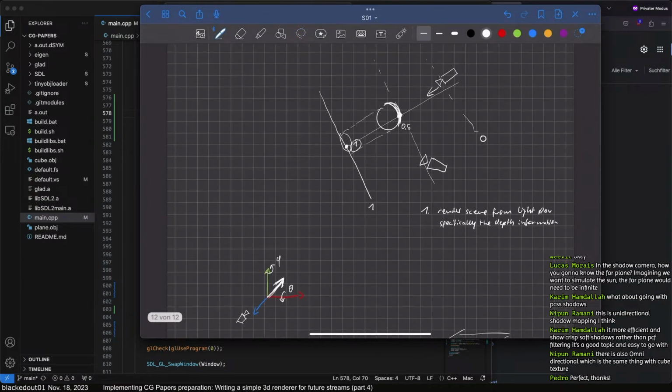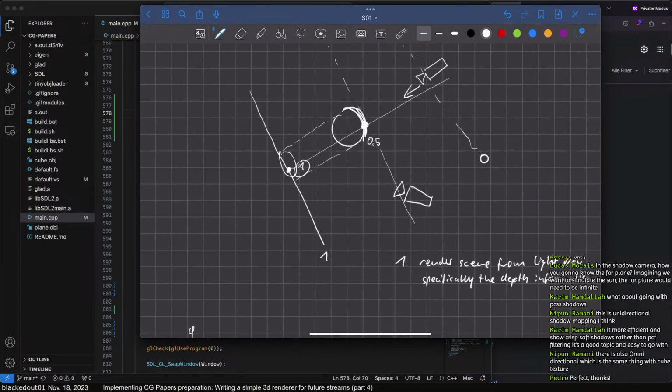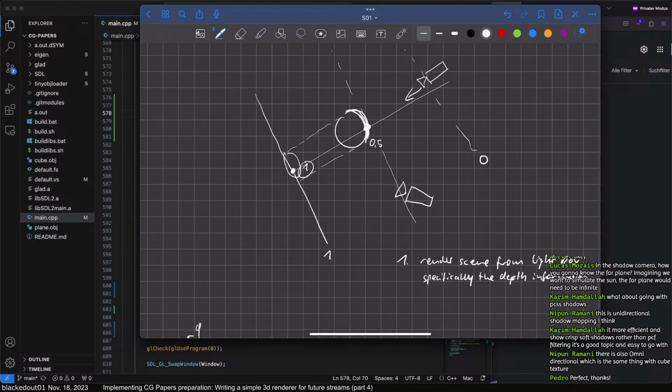And for the projection of the light, I want to implement a directional light, so the light direction is constant. So there is not a single light point. You could imagine the light source is infinitely far away.